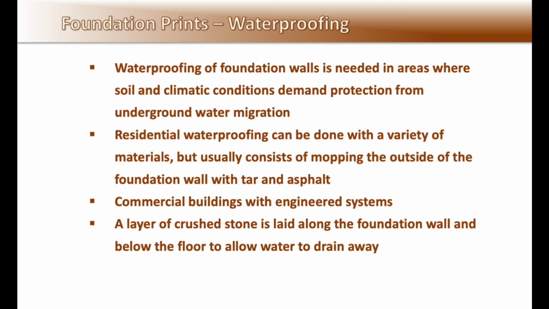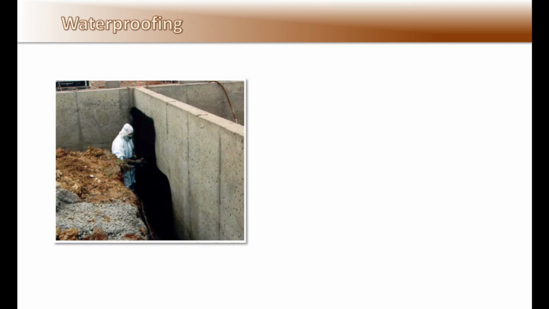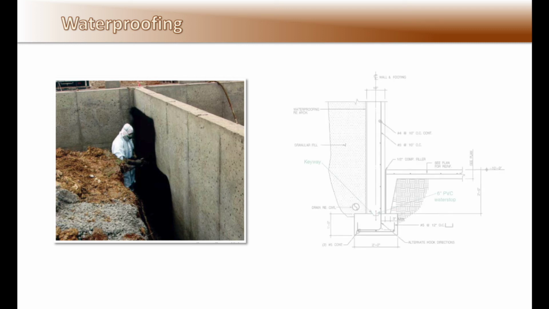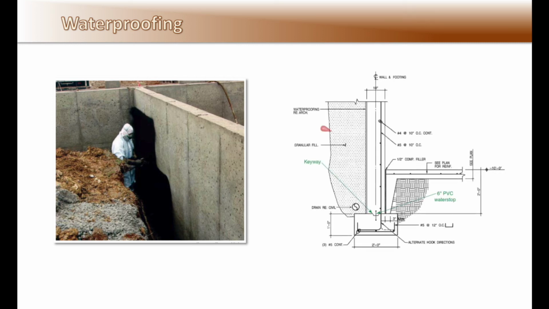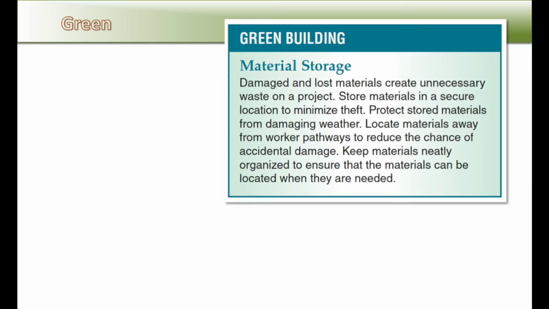Residential waterproofing can be done with a variety of materials, but usually consists of mopping the outside of the foundation wall with tar and asphalt. And on commercial buildings, they are typically engineered. A layer of crushed stone is laid along the foundation wall and below the floor to allow water to drain away.